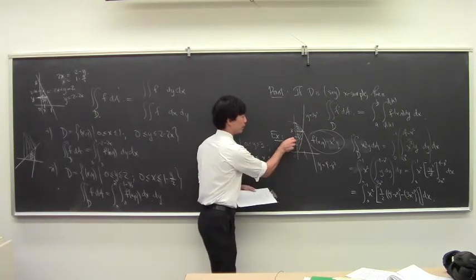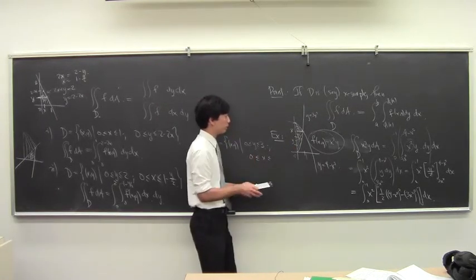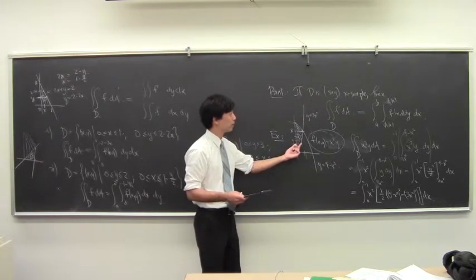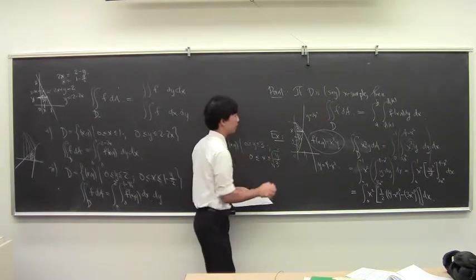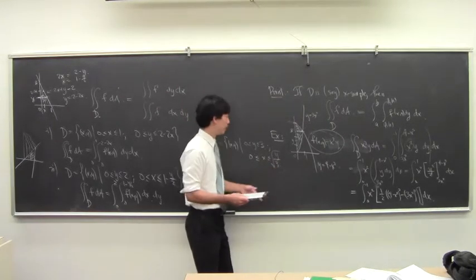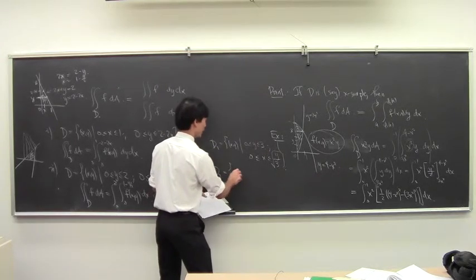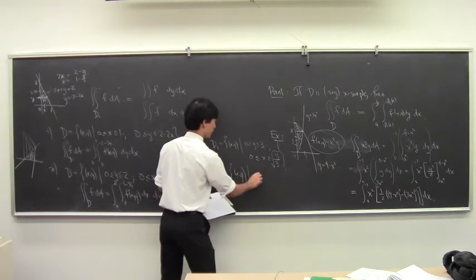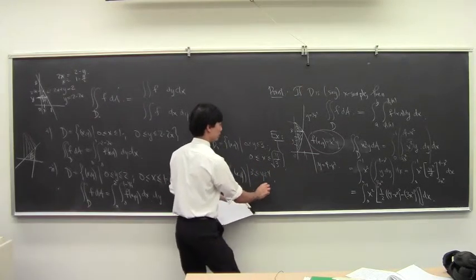For each y, the x's range from 0 to something. What's that something? The square root of y over 3. Right, so that would be d1, and then the second region would be y goes from 3 to 4, and x goes from what?